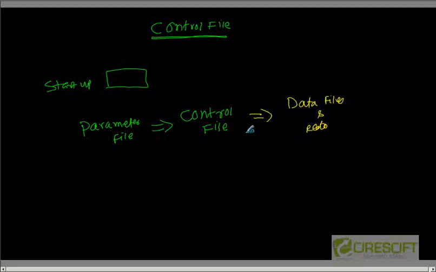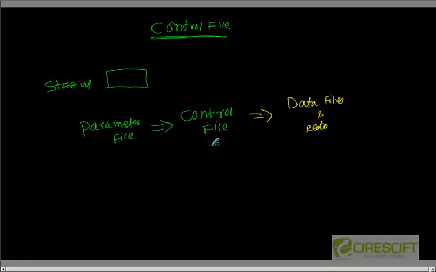That is how the Oracle database knows which data files and which redo log files are going to be opened. This is required at startup, and it is one of the most important files, and it's also the smallest file that you can see in a database.